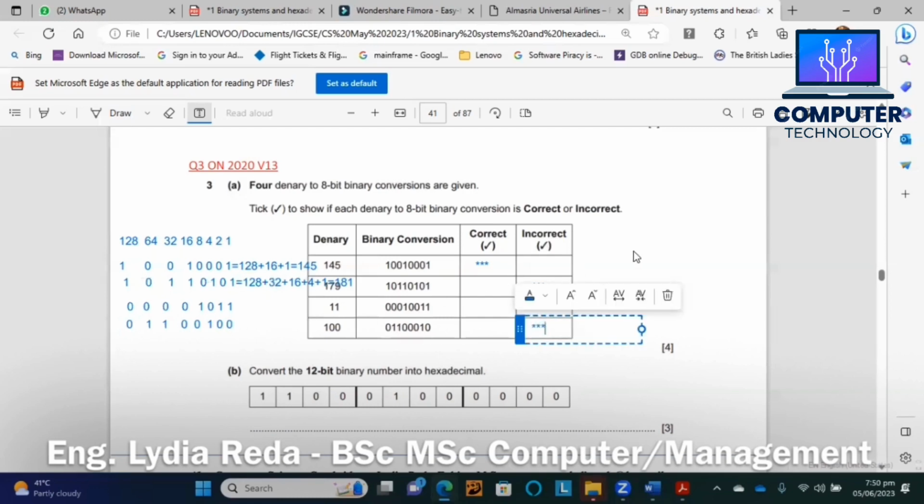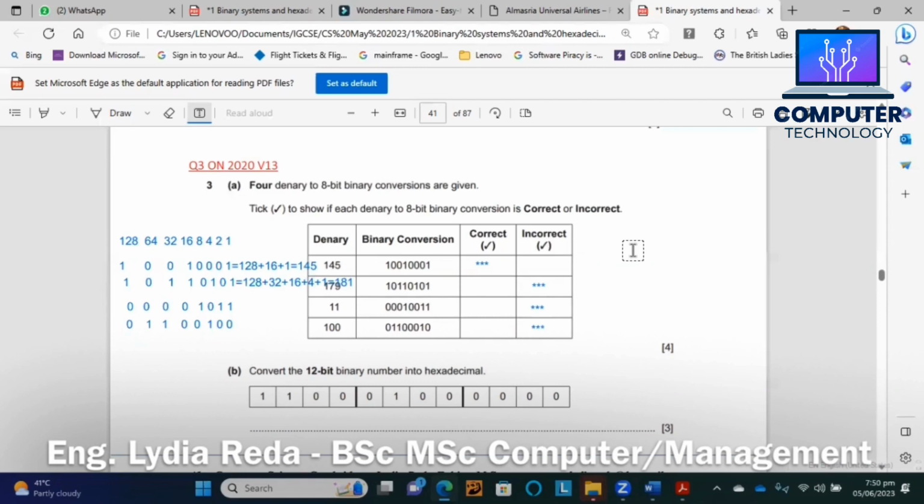So we solved it both ways. Once starting with the binary and converting it to denary to make sure that it's right or wrong. And for the last two, we started with the denary and distributed them on our arrangement of bits, and we found that they are incorrect, unfortunately.